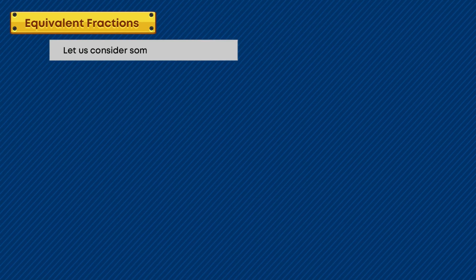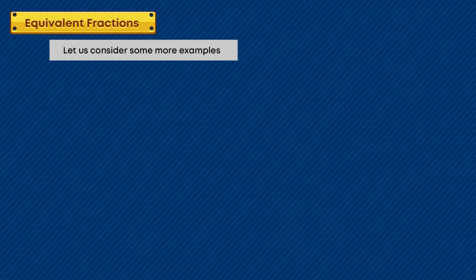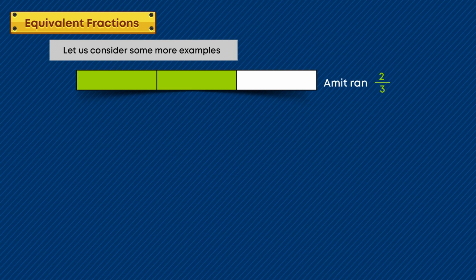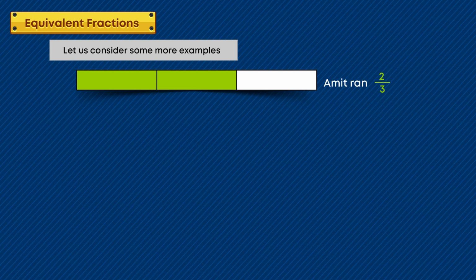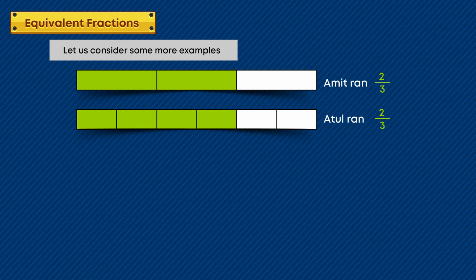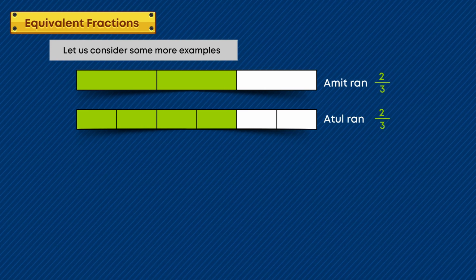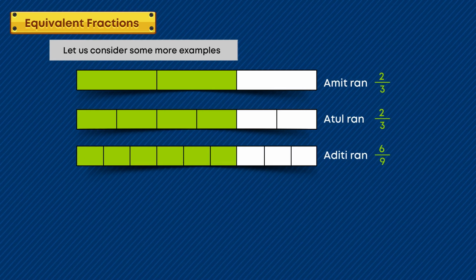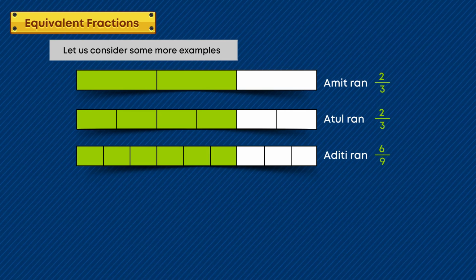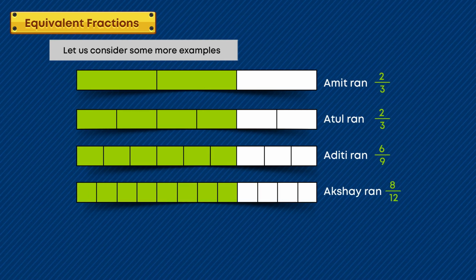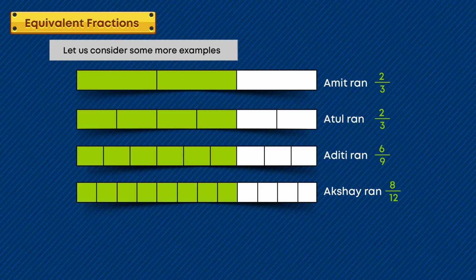Let us consider some more examples. Amit ran 2 by 3. Atul ran 4 by 6. Aditi ran 6 by 9. Akshay ran 8 by 12.